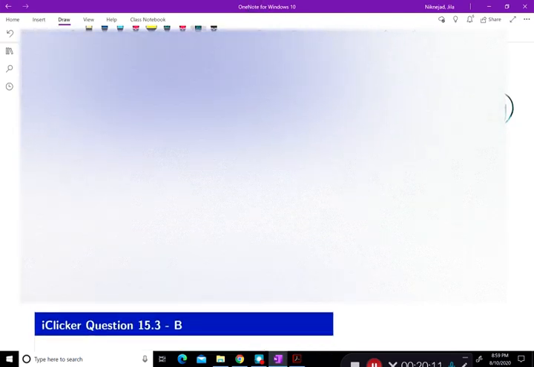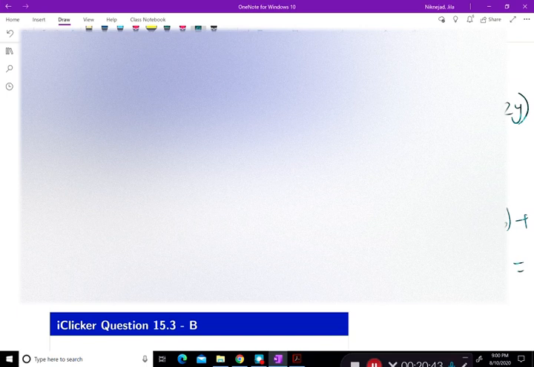So it's 12 cosine of 2 times -36 plus 12 times 6. 2 times -36 is going to be -72. 6 times 12 is plus 72. Cosine of 0 is equal to 1, so it's 12. And B is the answer.